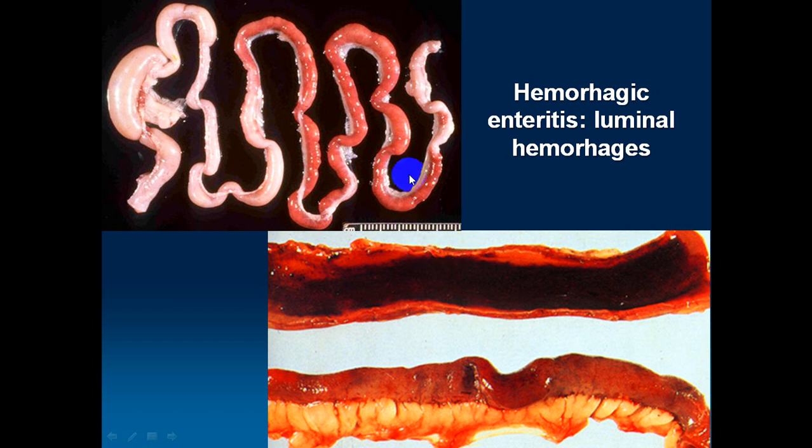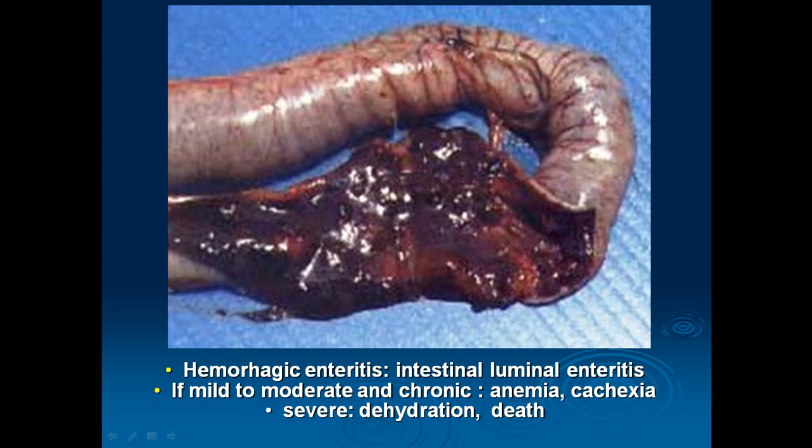If we cut the intestines open, within the intestinal lumen we will see a lot of hemorrhages. Actually, this is also admixed with some mucus. This is a case of parvoviral enteritis in a puppy. This is also hemorrhages during inflammations.